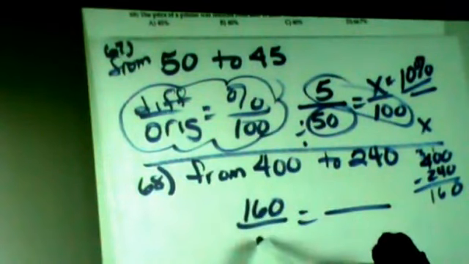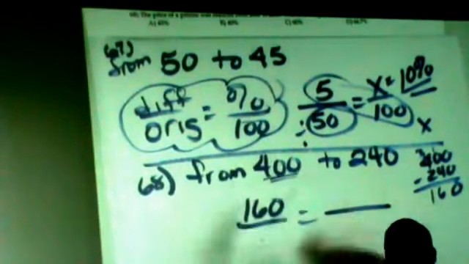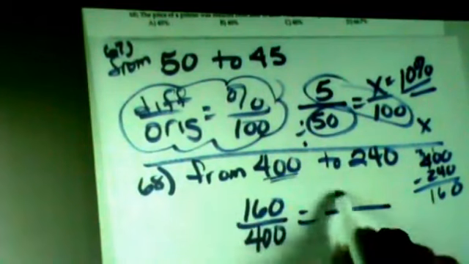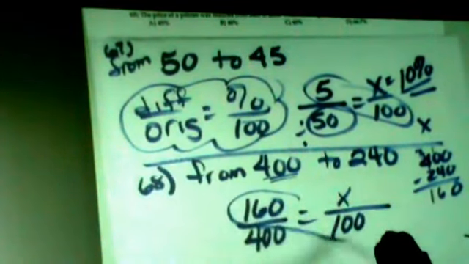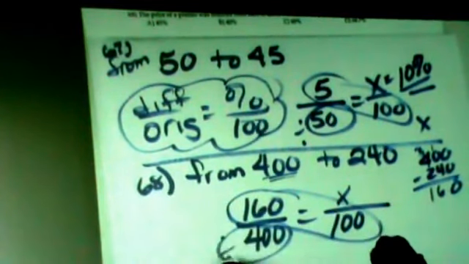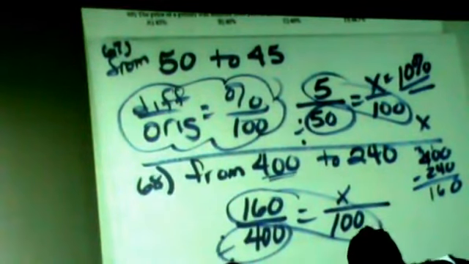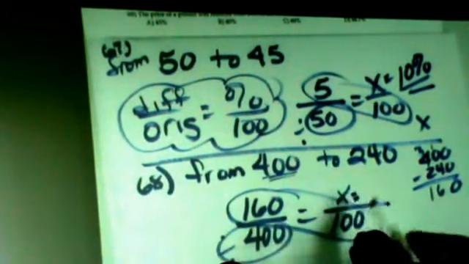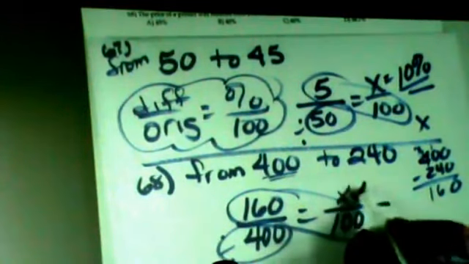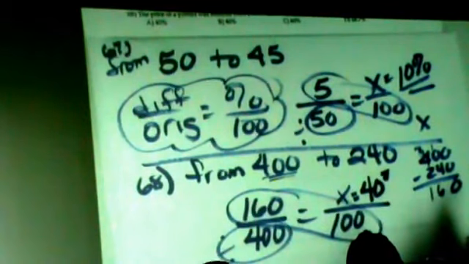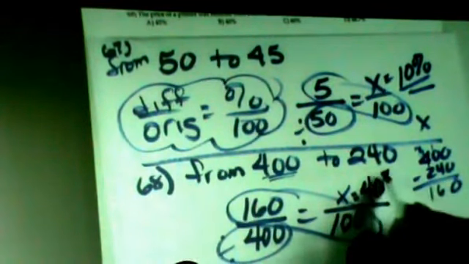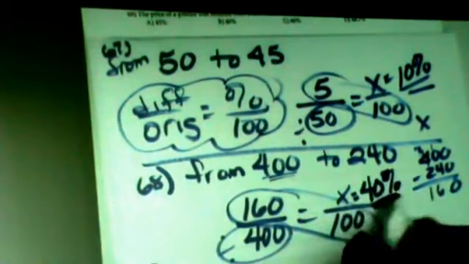What's our original? 400. Started out at 400. Percent goes over 100. Multiply those, divide by that. What's the percent decrease? 40? 4 or 40? 40. Okay, 40.